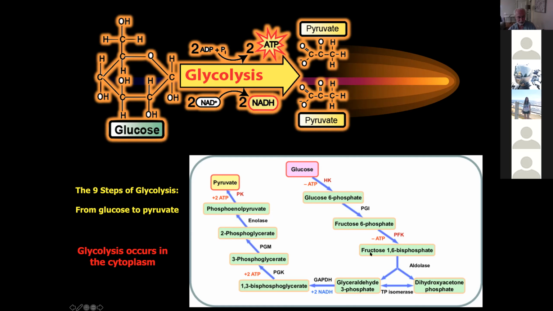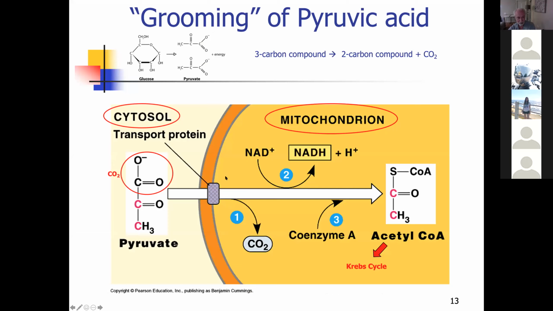And this all occurs in the cytoplasm before pyruvate enters the mitochondrion. So this is called the grooming of pyruvic acid. We go from glucose, a 6-carbon compound, to pyruvate, a 3-carbon compound, to a 2-carbon compound called acetyl-CoA plus carbon dioxide.